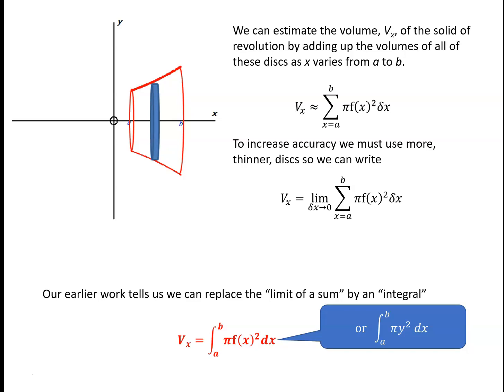Now this means that we can calculate the volume of the solid obtained when our original curve y equals 1 plus 0.1 x squared between x equals 1 and x equals 4 is rotated fully about the x-axis. We know that V is the integral of pi y squared dx.